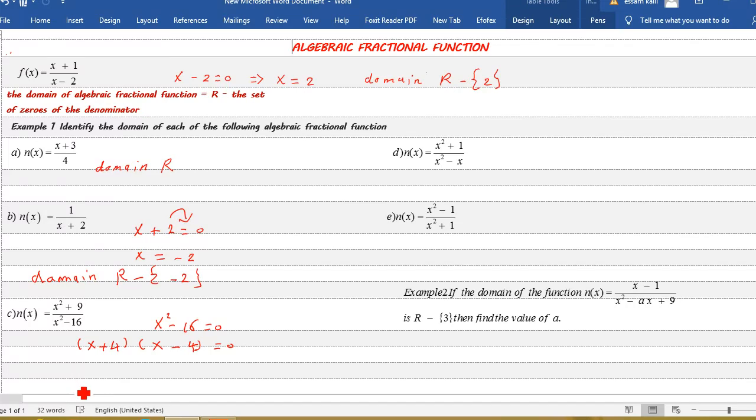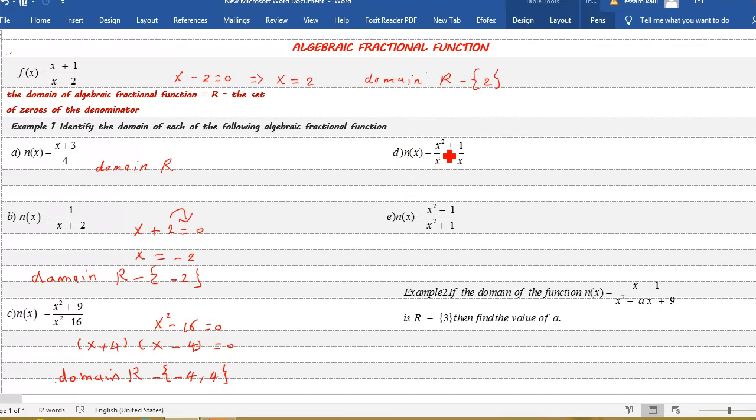Writing the domain. يبقى domain equal R difference, take opposite side of 4 and -4. يبقى become -4 and 4. يبقى then the domain of this function equal R difference -4 and 4.